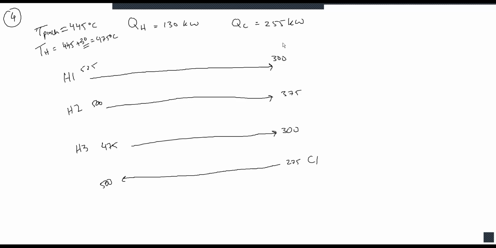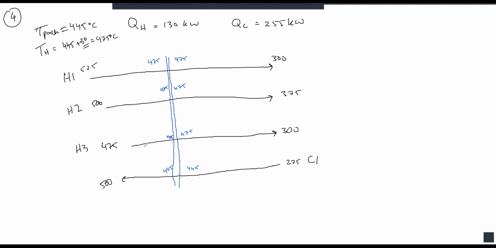So let's draw the line for the pinch point. So in this case, I'm gonna have my pinch point right here. And it's going to be 475 for the hot streams. And for the cold stream, it will be 445.